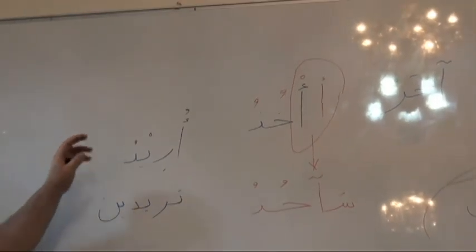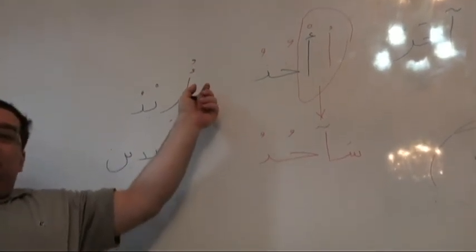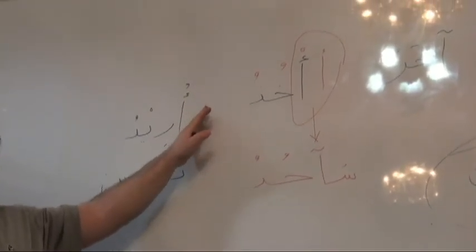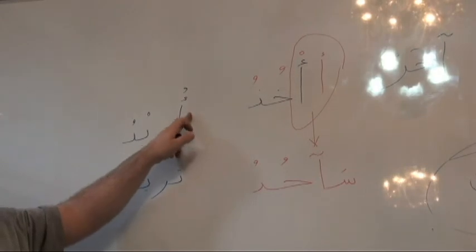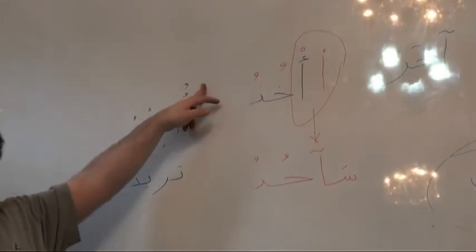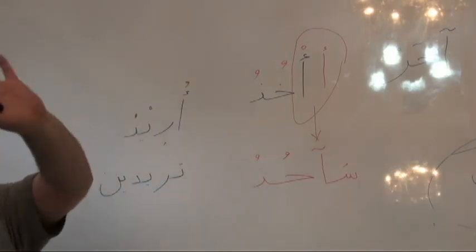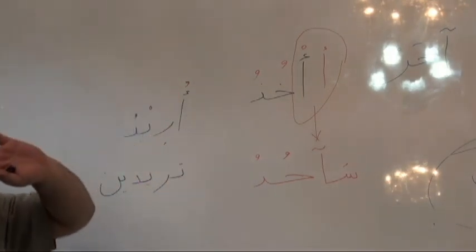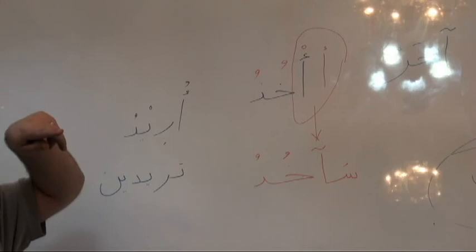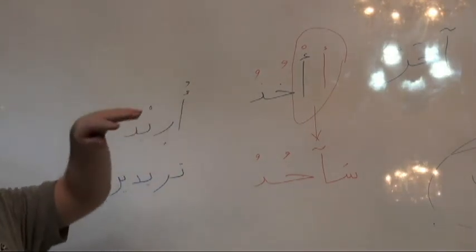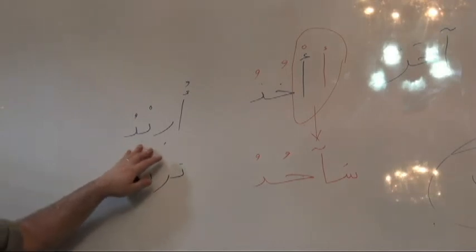This is uridu. Originally the aleph of the present took dhamma. No need now to know why it takes dhamma. Remember I said fatha before. Here it took dhamma because uridu originally is a strange verb.